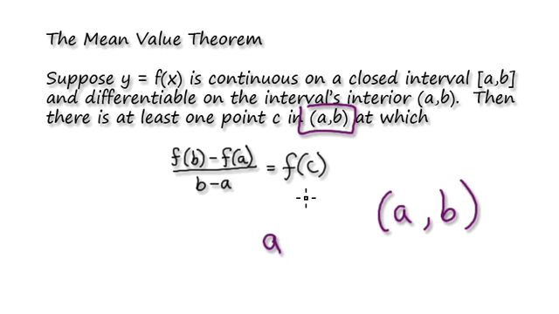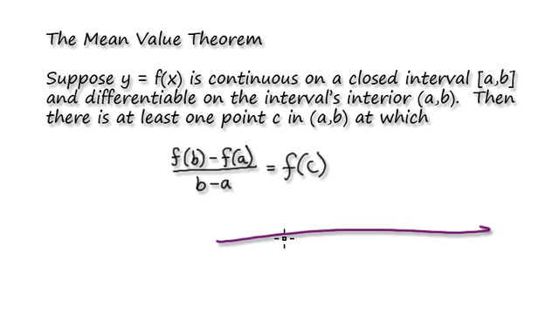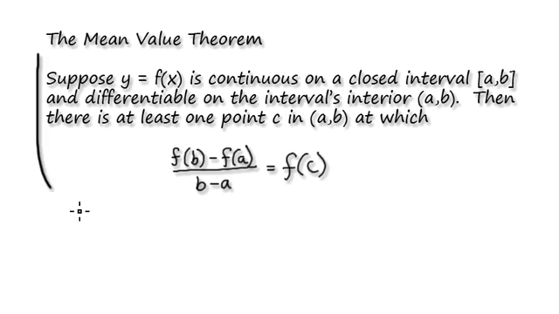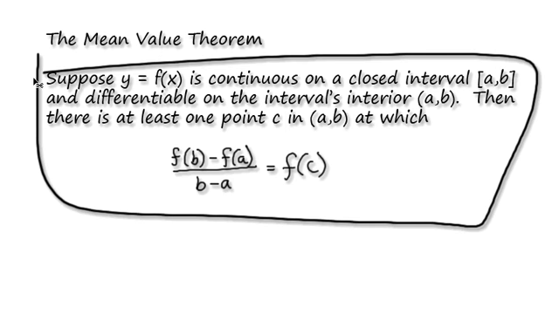Suppose this is your number line here, this is A, and this here is B. Whenever you see this here, it's basically saying this. It cannot include the A, and it cannot include the B. So basically, that's pretty much it.